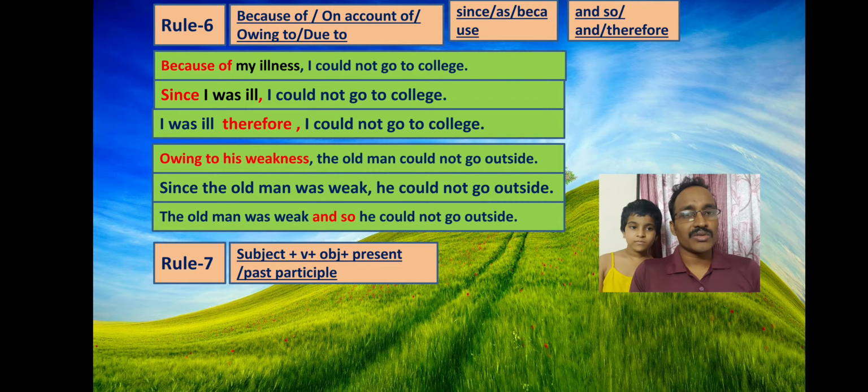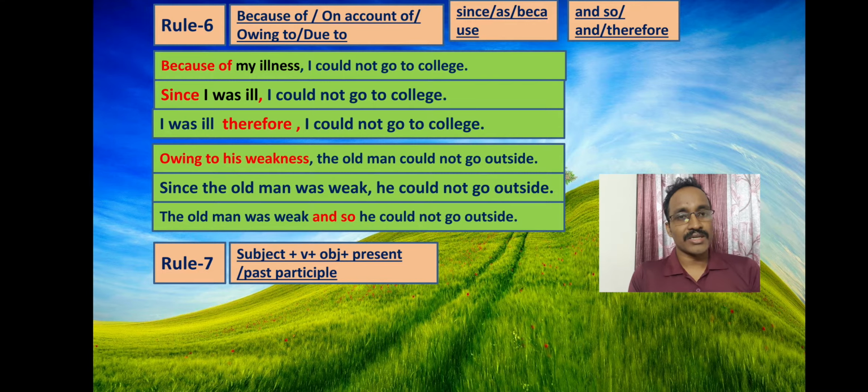In some cases, we will find sentences like this: subject plus verb plus object plus present or past participle. We know what a present participle is: verb 1 plus ing, and the past participle is verb 3.